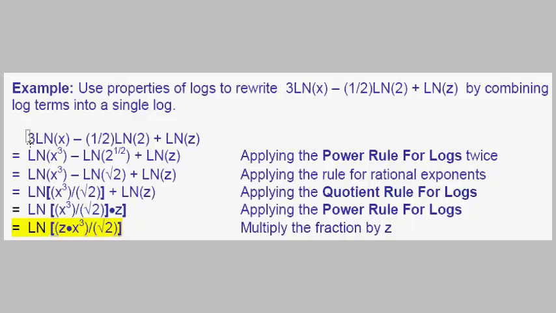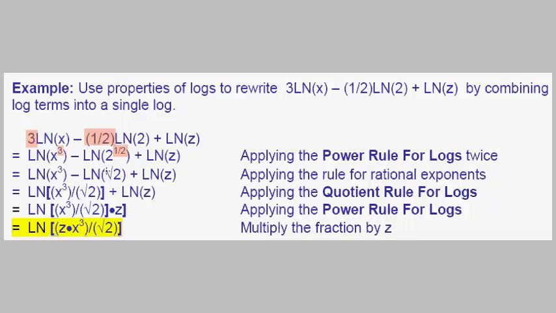We start by moving the 3 back as an exponent, because the exponent property says that if you have an exponent on the quantity being logged, it can be moved out in front, but likewise, if we have a coefficient in front, it can be moved back as an exponent. So the 3 gets moved back as an exponent. The 1/2 in the second term is applied to the 2, and the ln of z stays as is.